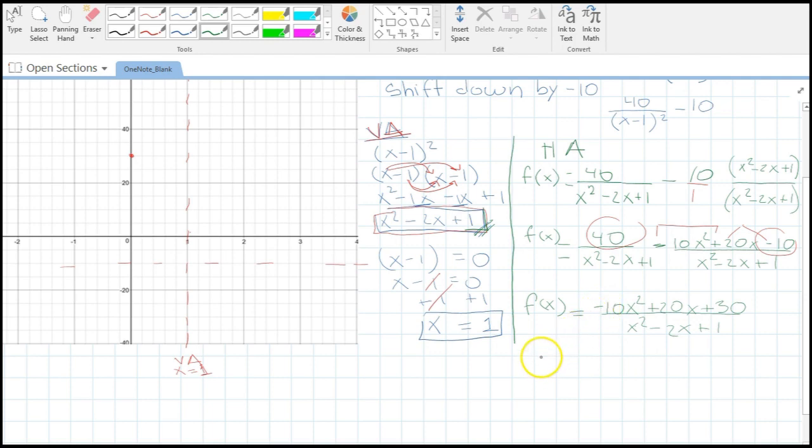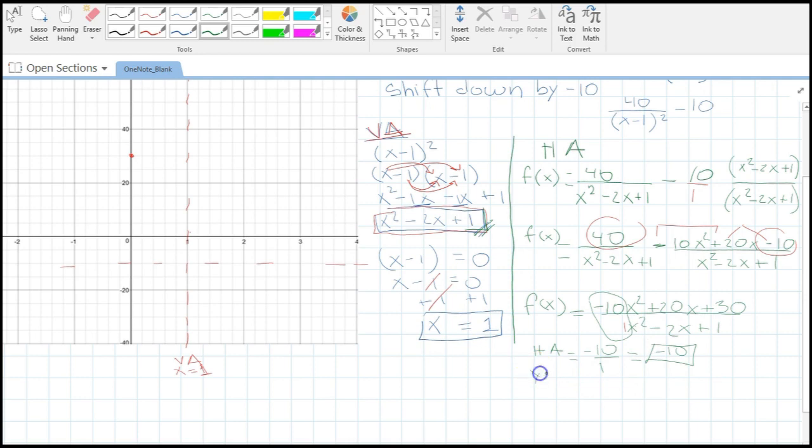Now to find the horizontal asymptote, we have the same degree, so what we need is to divide by the leading coefficients. Remember that we have a 1 here, so our leading coefficient is going to be negative 10 over 1, which equals negative 10.